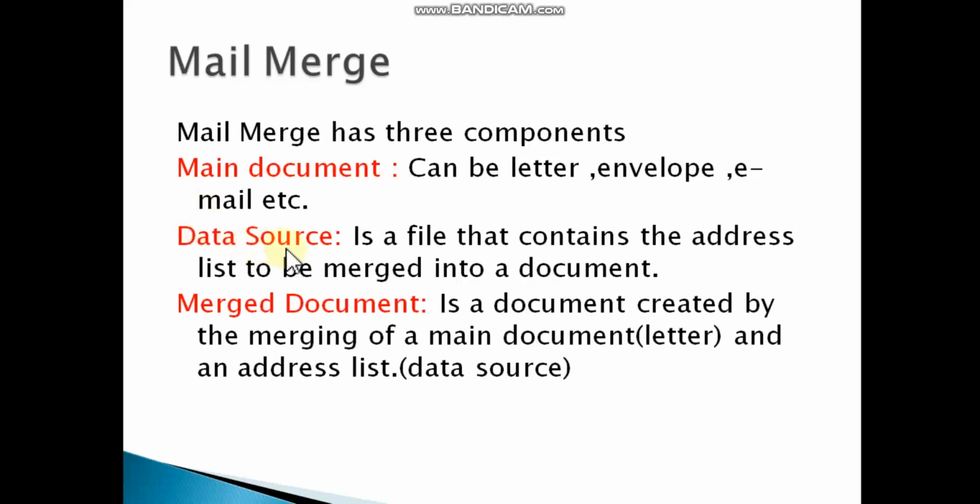Data source is a file that contains the address list of all your friends, of all your recipients. That has to be merged into the document. Merged means combined, added. Then the merged document: when you add the main document and the data source together, that becomes the merged document. Alright.